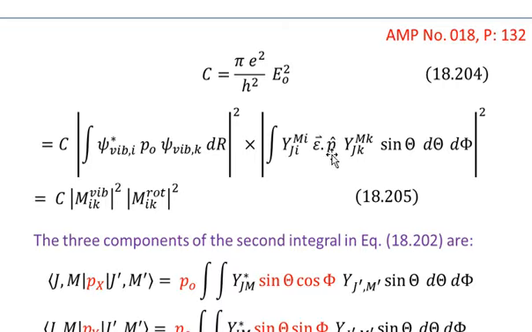And this integral over here contains p hat. So these two integrals now define the matrix elements separately. The first integral will give you the absolute square of M_ik vibrational, whereas the second integral will give you the absolute square of M_ik rotational. So if you find M_ik vibrational, you can also find M_ik rotational by solving these two integrals.